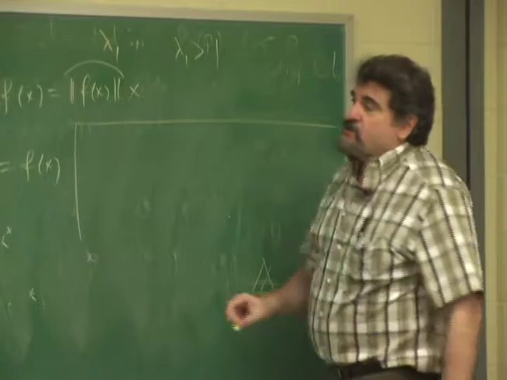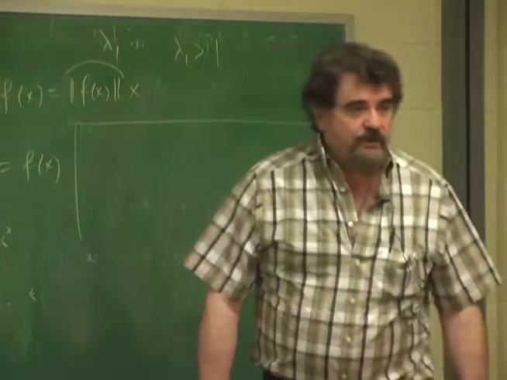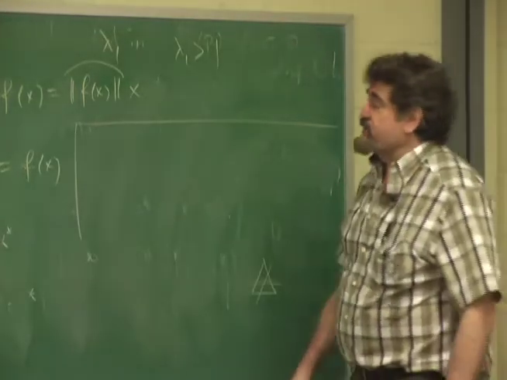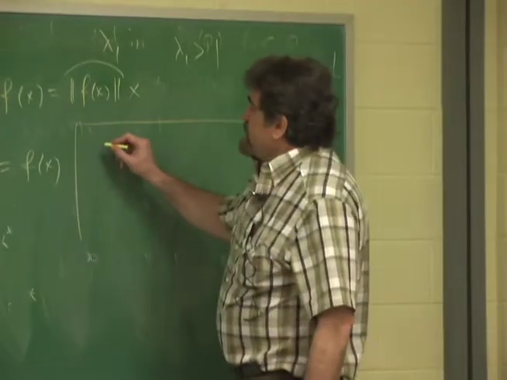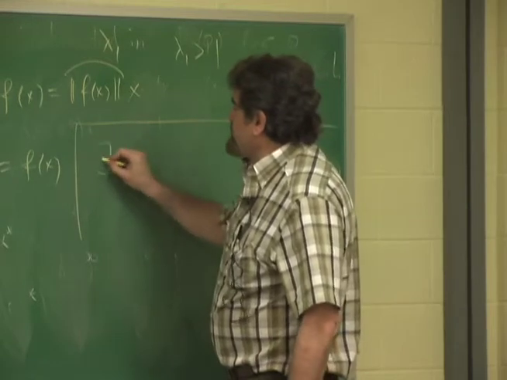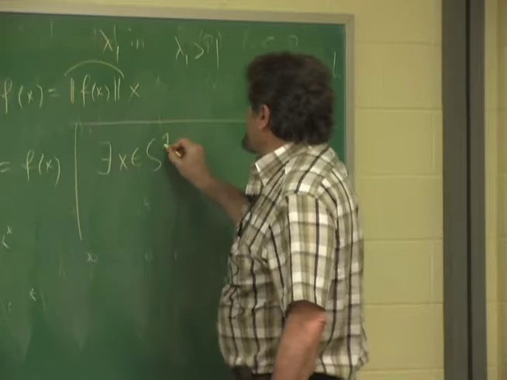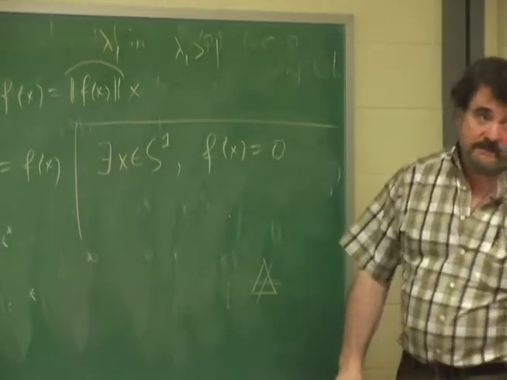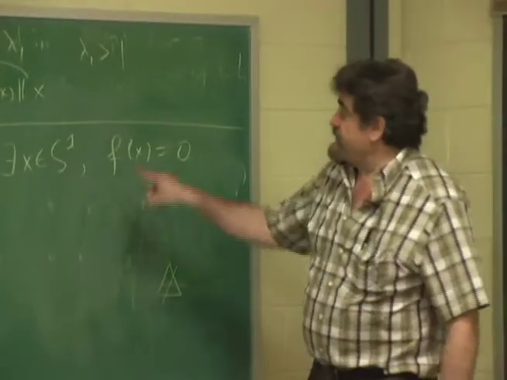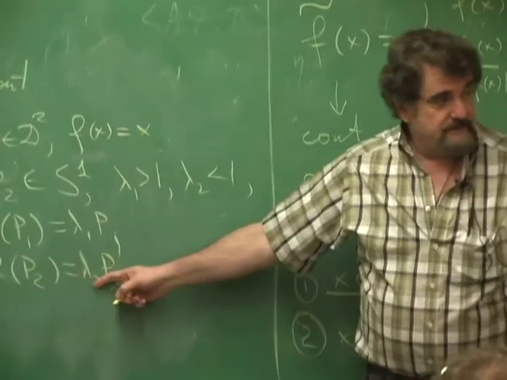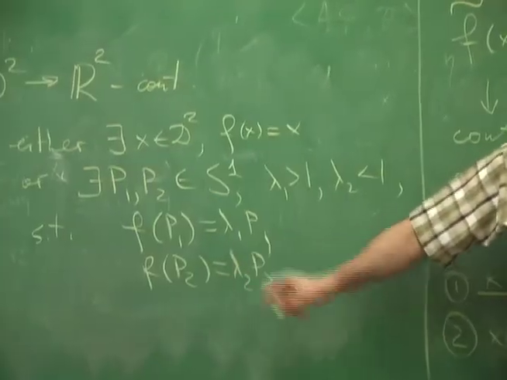Now let me show that actually the second part of the option is also realized. I can consider two situations. First, there exists x in S1 such that f of x is 0. Could this happen? Yes. Then this x is a perfect candidate for P2. Lambda is 0, less than 1, and I'm done.